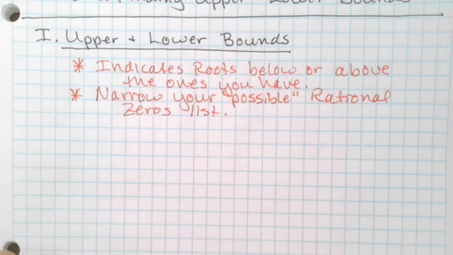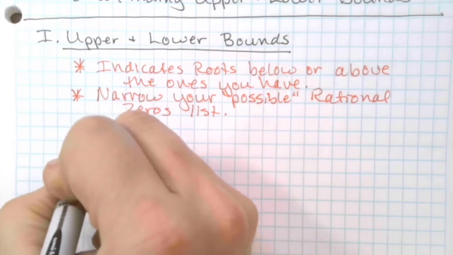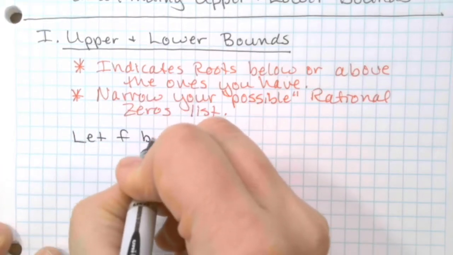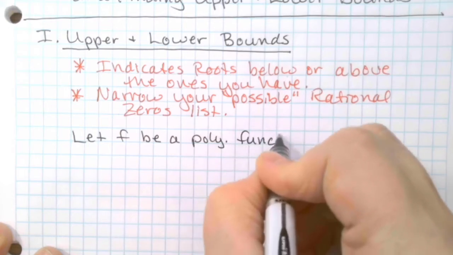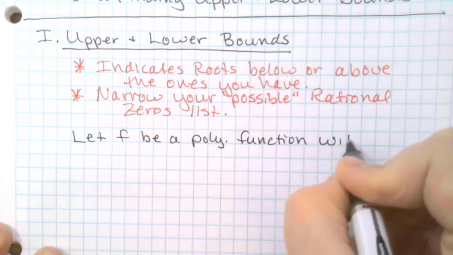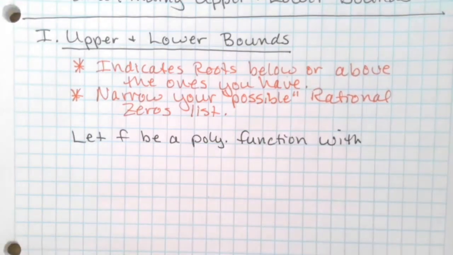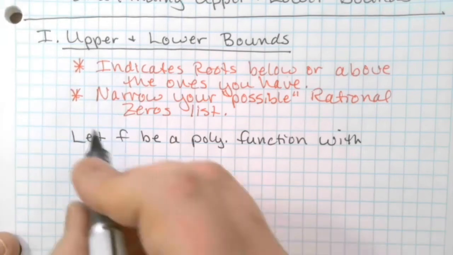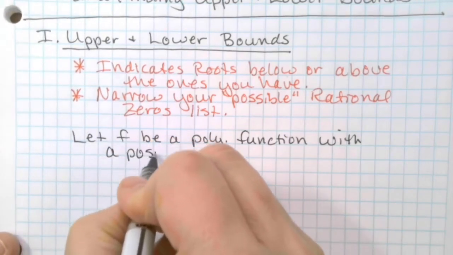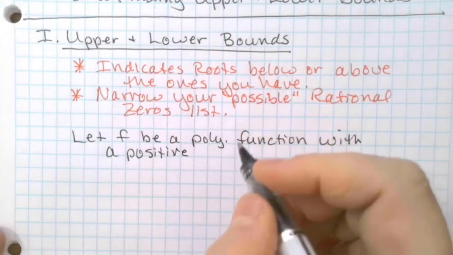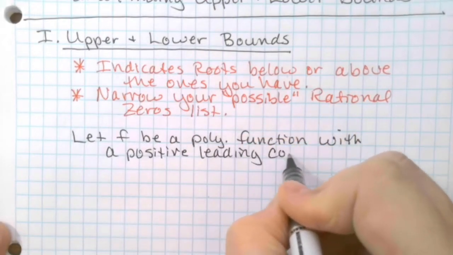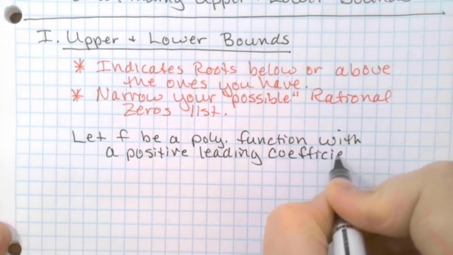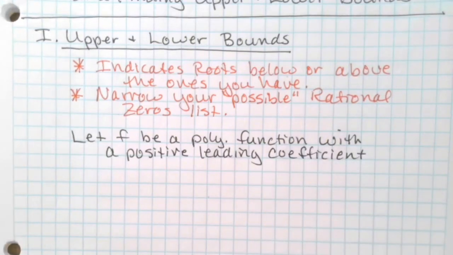Okay, so the rules start out the same way. Let f be a polynomial function with a positive leading coefficient.